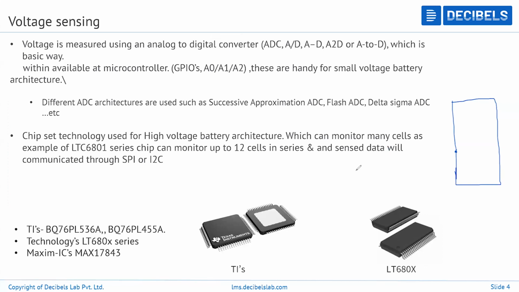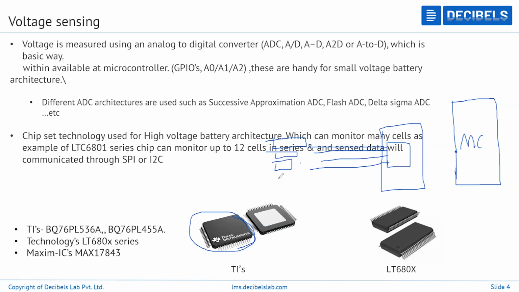So the voltage divider architecture with the RC circuit for filtering is all integrated within this AFE chip. If this is the microcontroller, then this will be your AFE, the analog front end. This chip will be connected to the multiple cells.